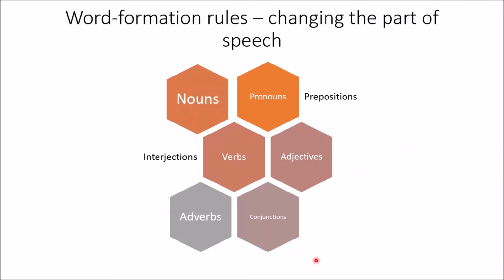The next process we mentioned earlier is changing the part of speech, and here we have a mixed up order of parts of speech: nouns, pronouns, prepositions, interjections, verbs, adjectives, adverbs, conjunctions, and so on. To explain in more detail, we continue with the next page.